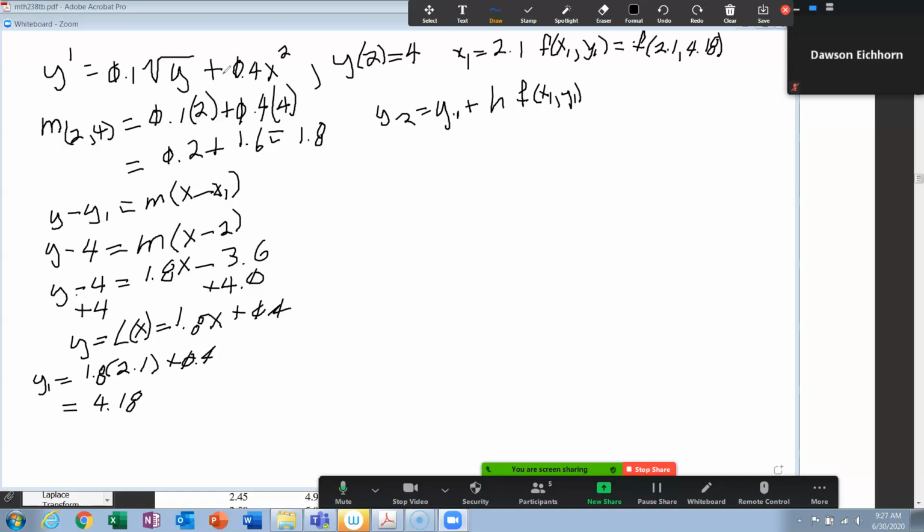This is equal to 1.96, it's really closer to 1.97.